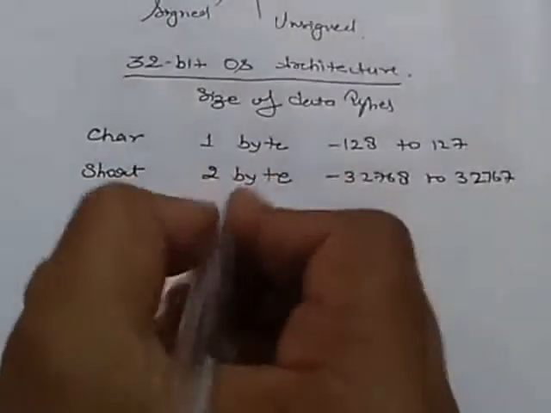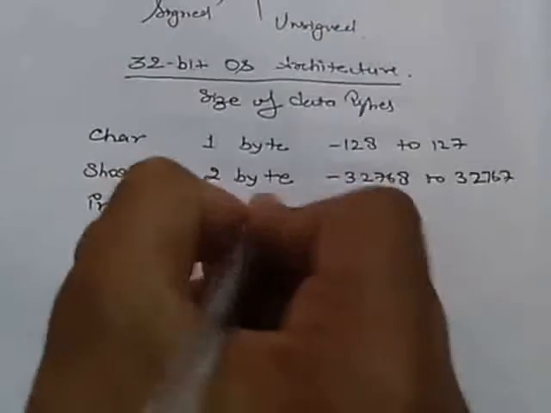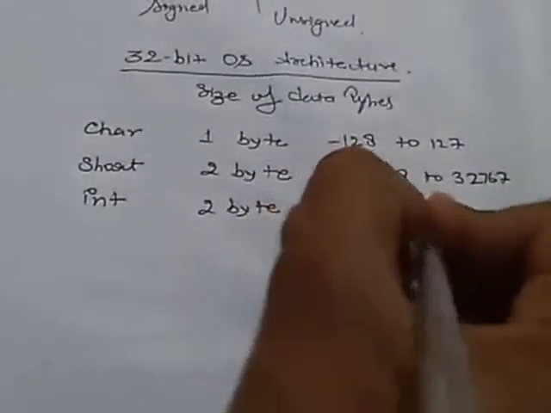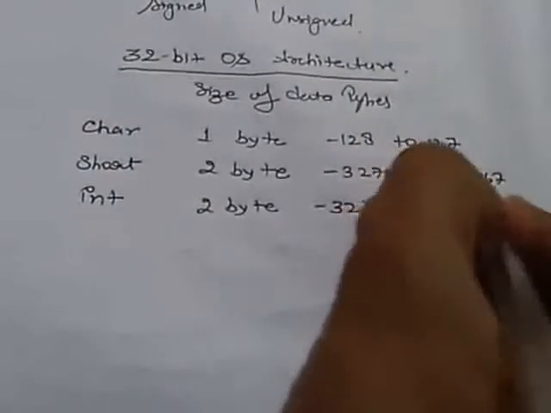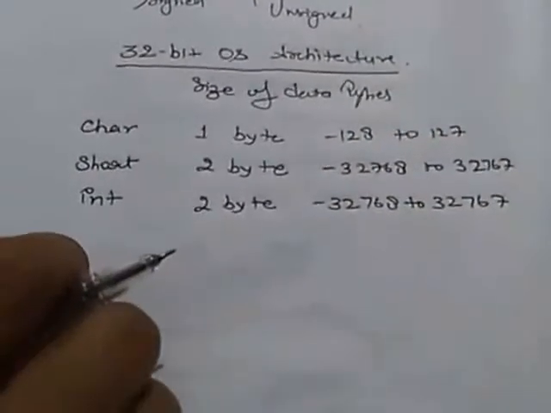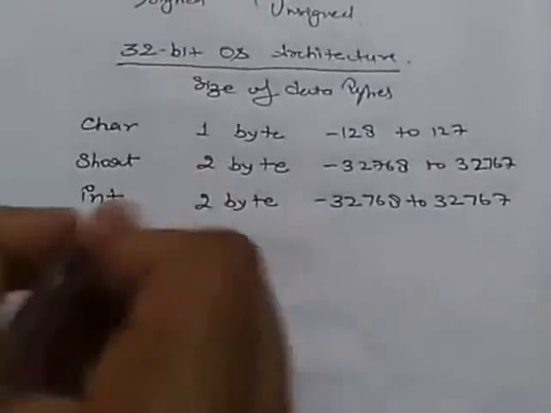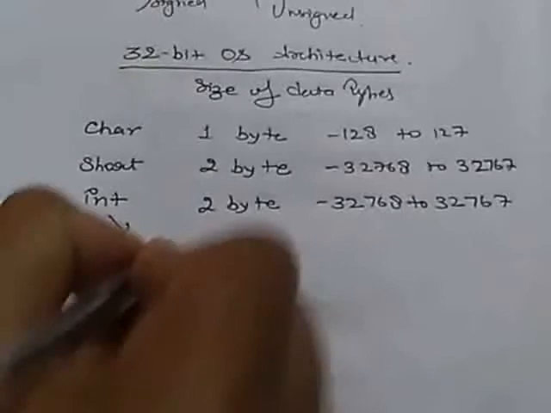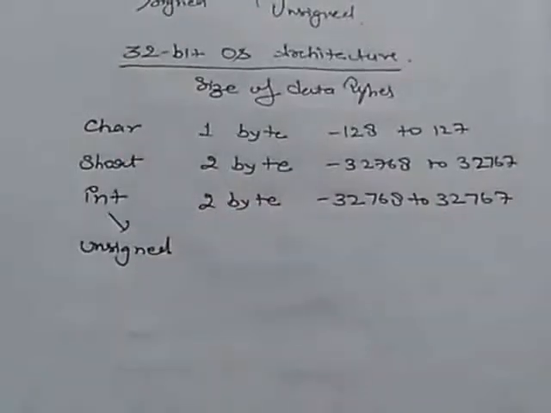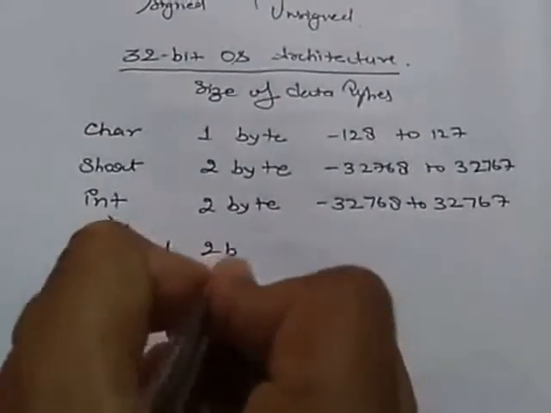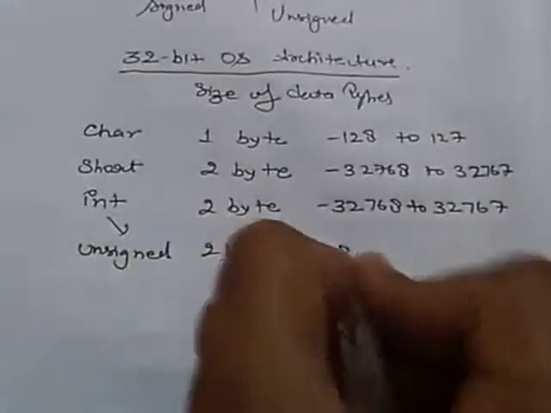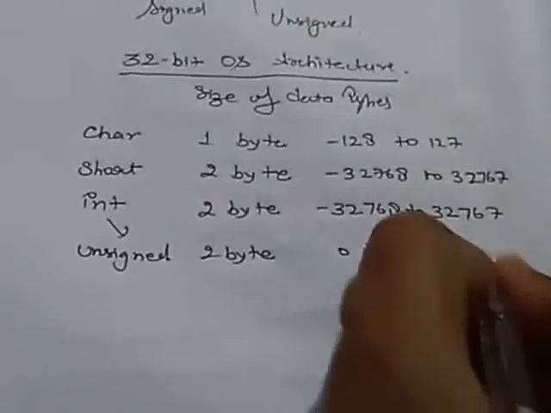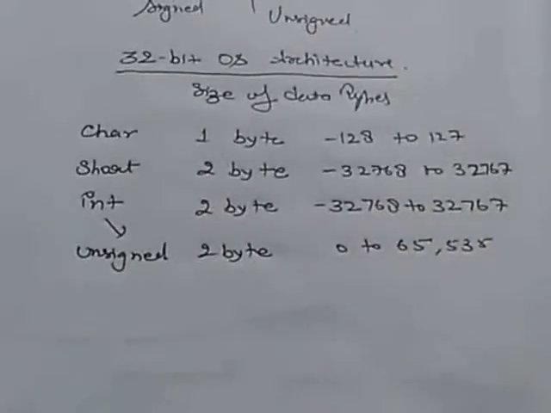It will also take 2 bytes of memory and its range is from -32768 to 32767. Now in case of unsigned, it will always give you a positive value. It will take 2 bytes and its range is from 0 to 65535.